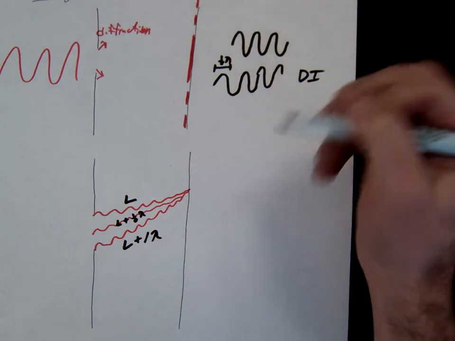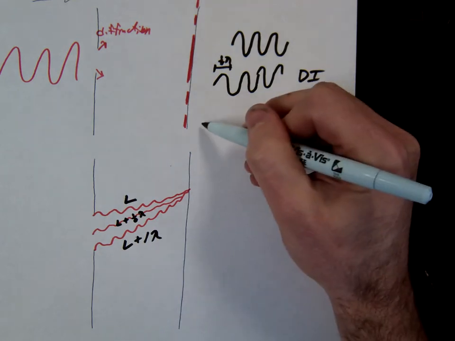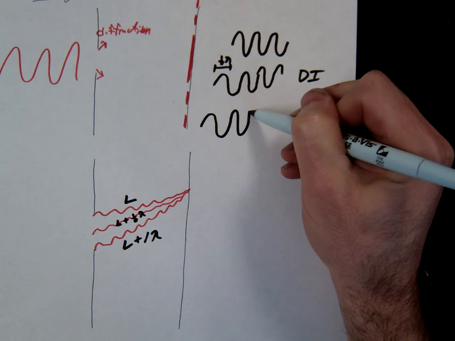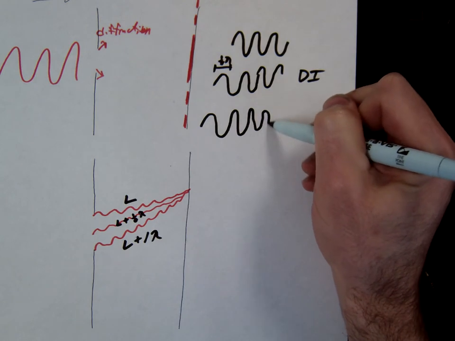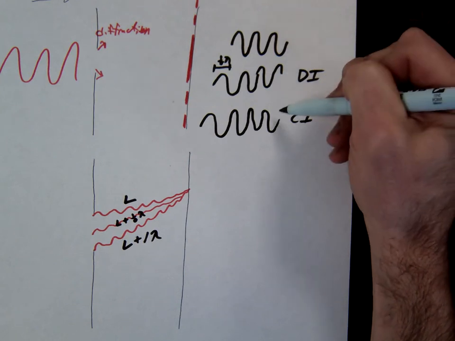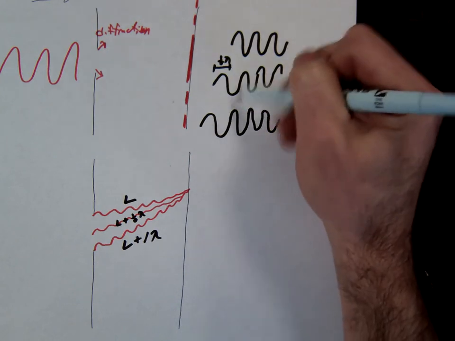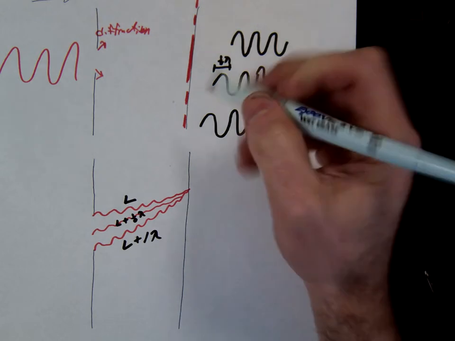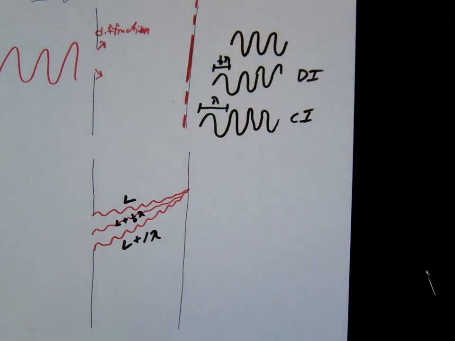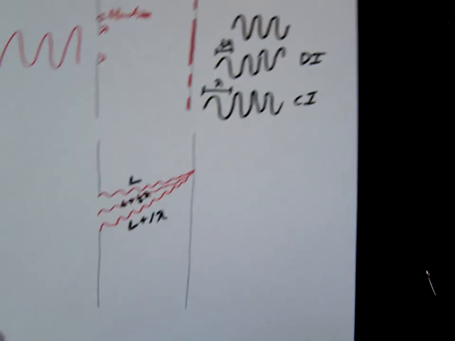Destructive, or darkness. And if I have another wave that's a full wave farther, what happens when that comes together? Constructive. Okay, now I'm comparing this first one with this third one. They're crest on crest, trough on trough, right? So this full wavelength would be constructive. So recall, that's the key idea, key concept.